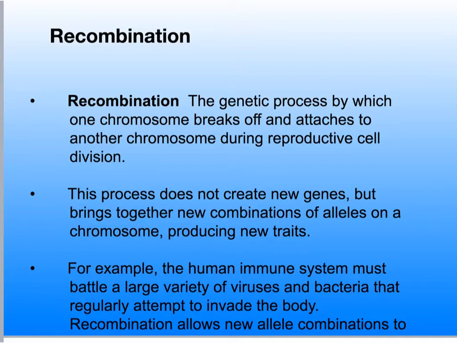For example, the human immune system must battle a large amount of viruses and bacteria that regularly invade the body from surfaces we touch. When recombined alleles come together, they can provide new immune system defenses that improve our effectiveness against organisms trying to invade.